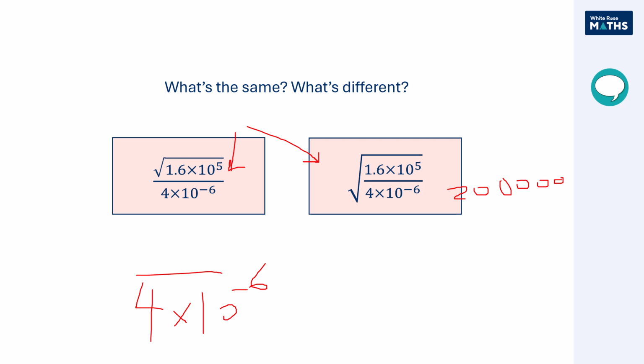And then I'm dividing that, making sure my arrow is out of the square root symbol. So divided by 4 times 10 to the minus 6.